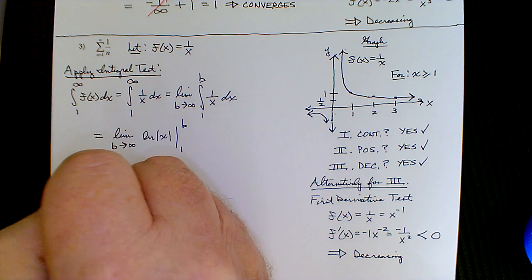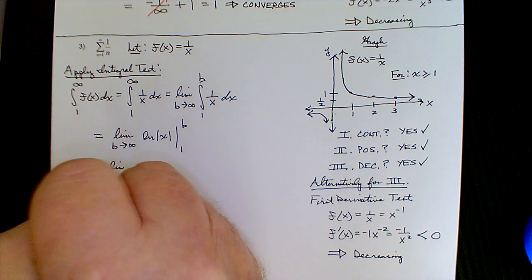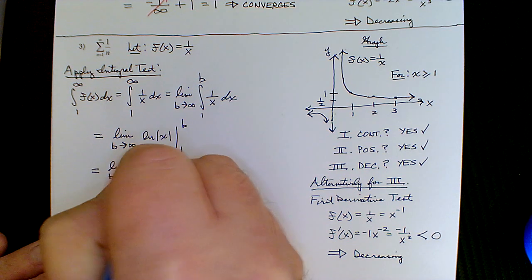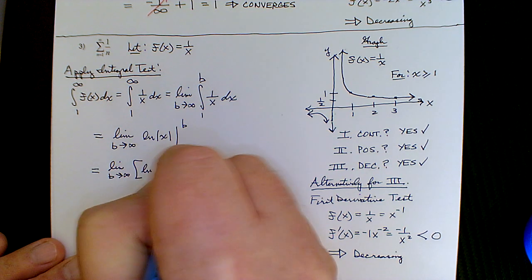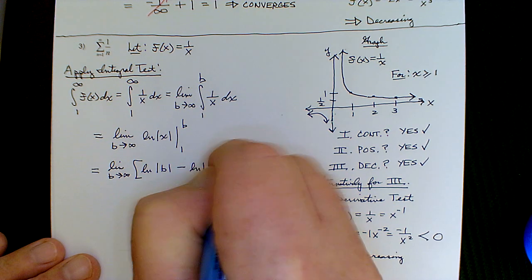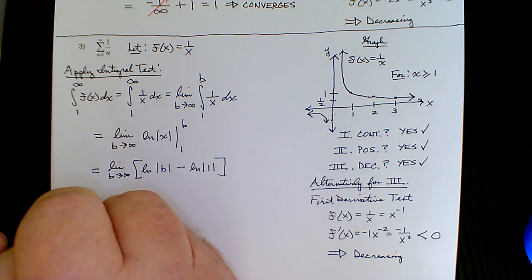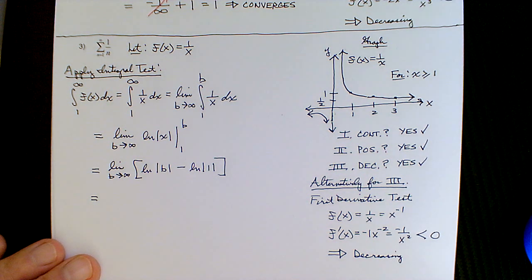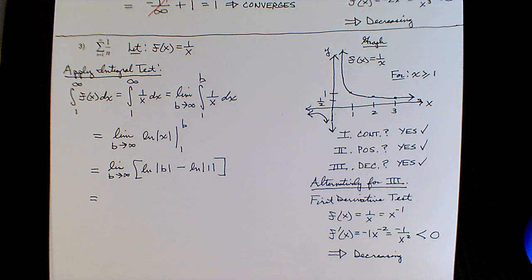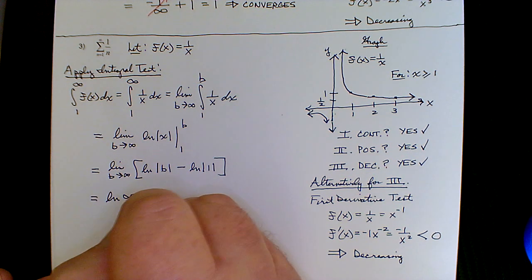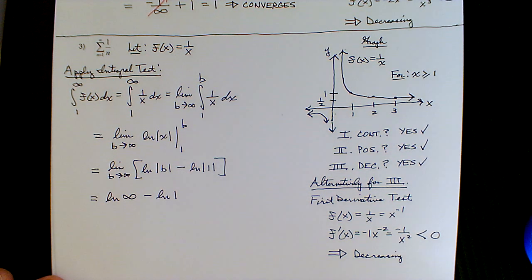Okay, upper limit goes in, so the limit as b goes to infinity of natural log absolute value b, minus lower limit goes in, natural log absolute value of 1. You could take that limit if you want to let b tend toward infinity, or you could just say what it is. Natural log of infinity, essentially infinity, but if you want to write it out literally, natural log of infinity minus the natural log of 1.